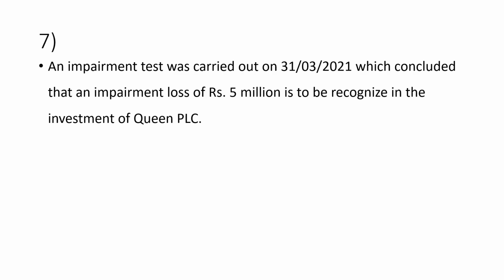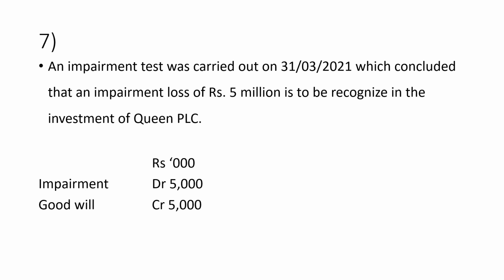Here the final adjustment is the impairment test. The impairment test was carried out on 31st of March 2021 and it includes an impairment loss of 5 million. Since this is an expense, we are going to debit the income statement by 5,000 and we are going to credit the goodwill by 5,000.